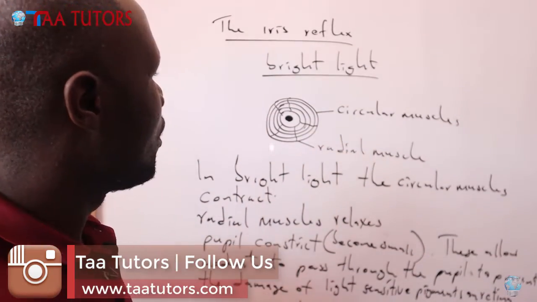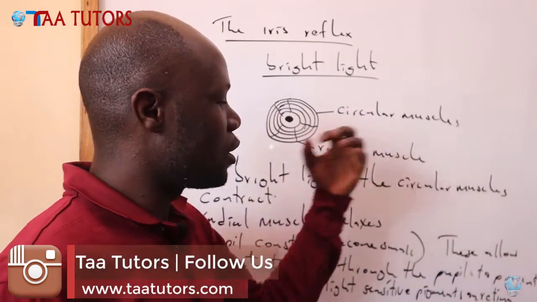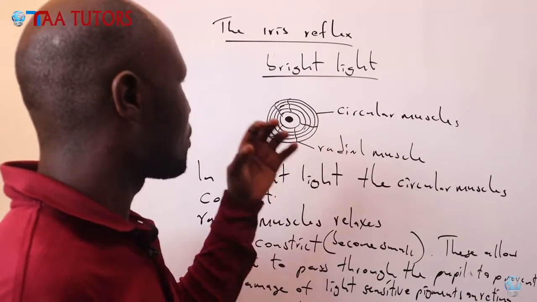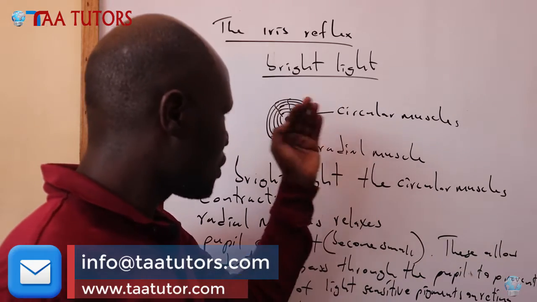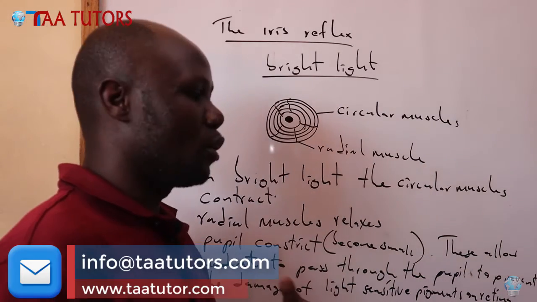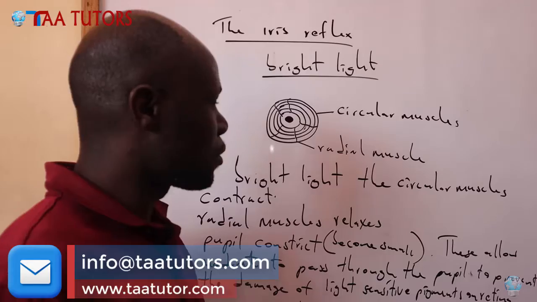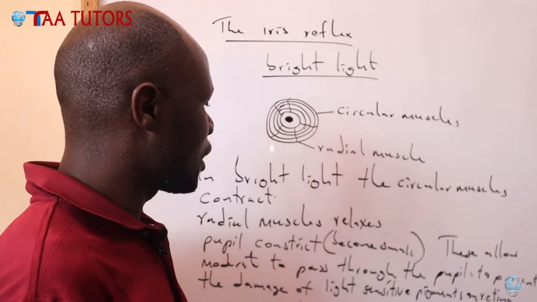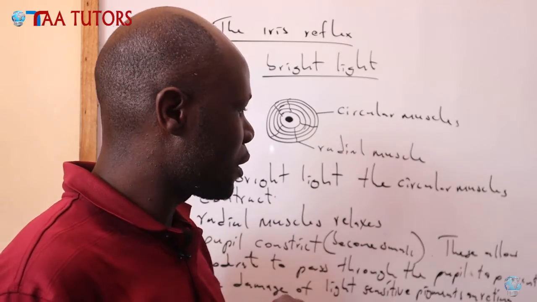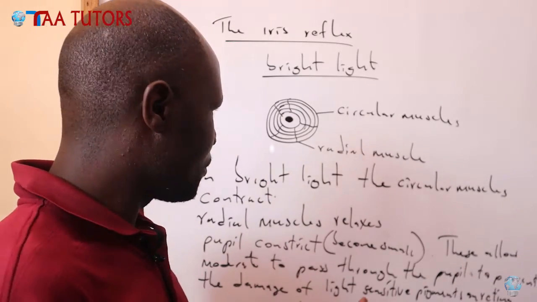Like for example, our focus was what are the changes that occur on the eye to prevent the damaging of the retina. That is, if it was not controlled, too much light would damage the retina. So the events here make sure that a small amount of light passes so that there is no damage.